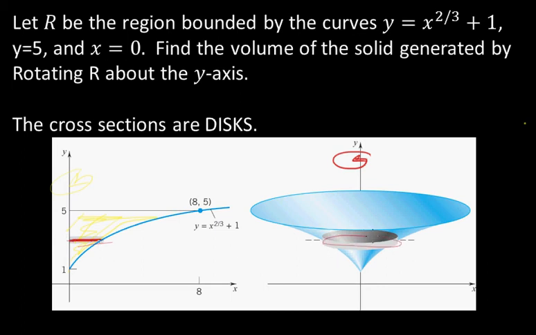That line would spin out the cross-section. So the cross-section is circular. So we will be able to just integrate the area of that circle from y equals 1 up to y equals 5. So we'll do that example next.